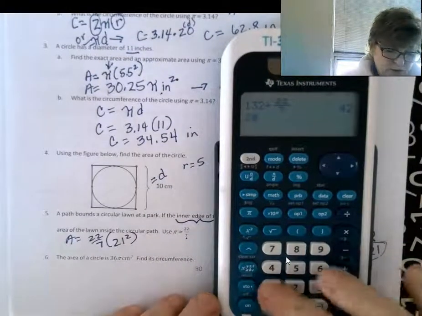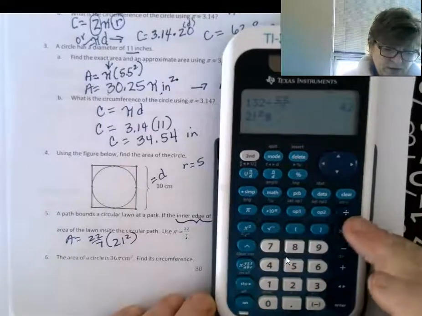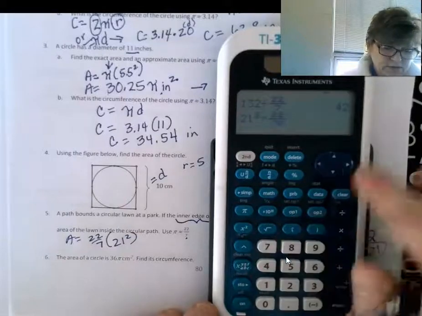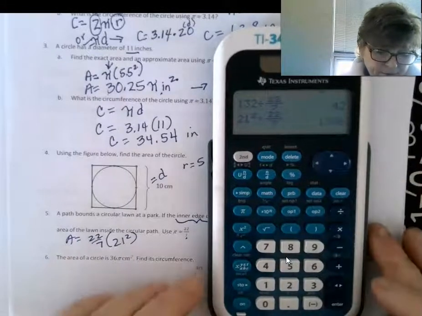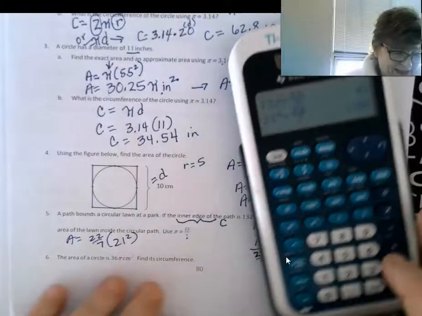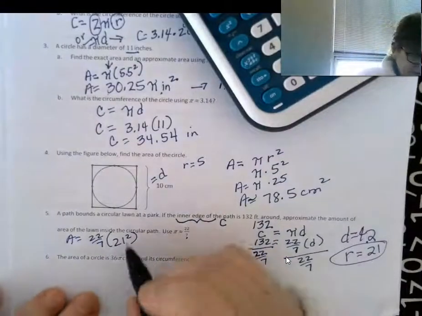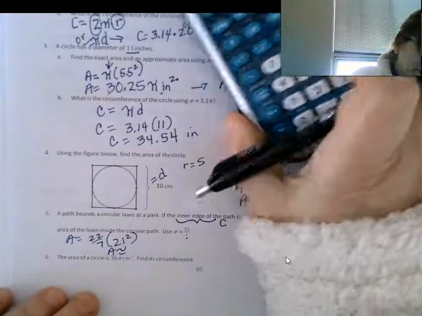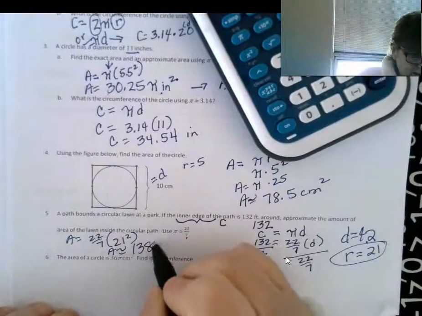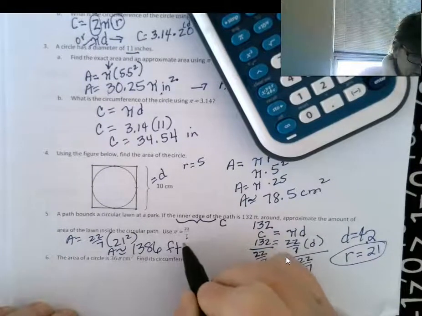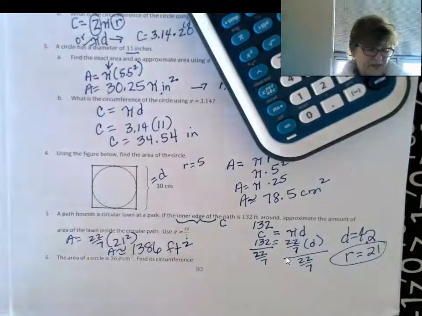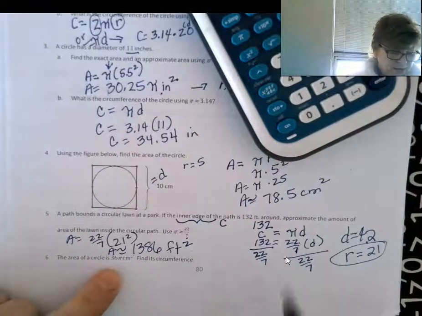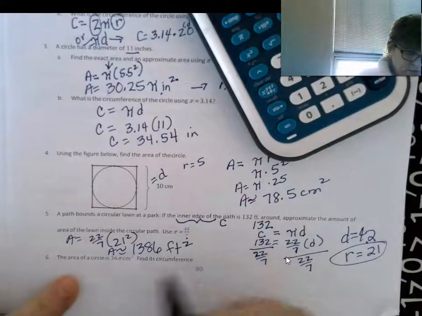So 21 squared times 22/7 is 1,386 feet squared. It's approximately 1,386 feet squared.